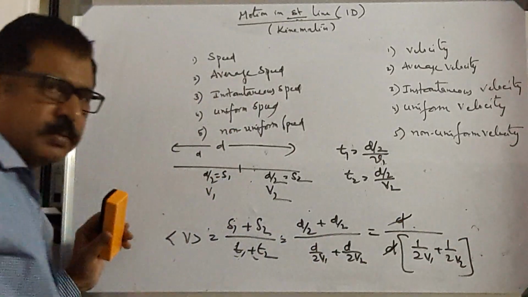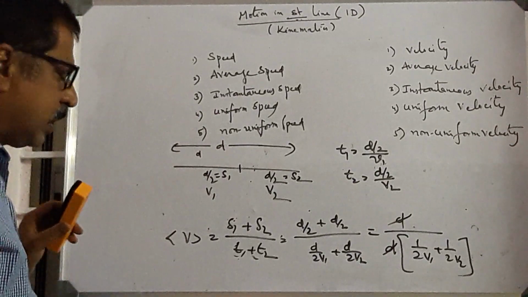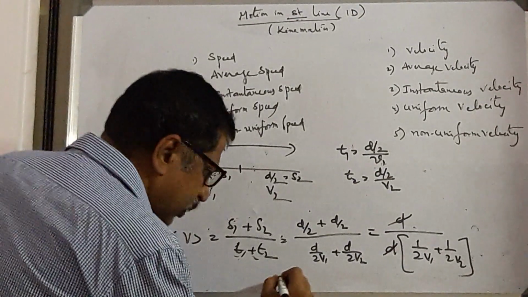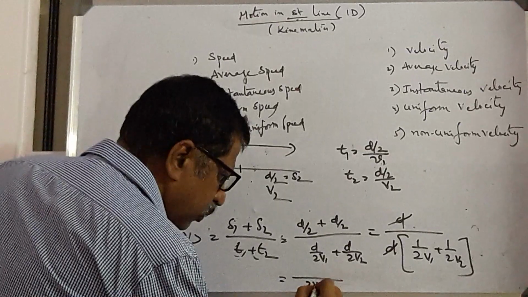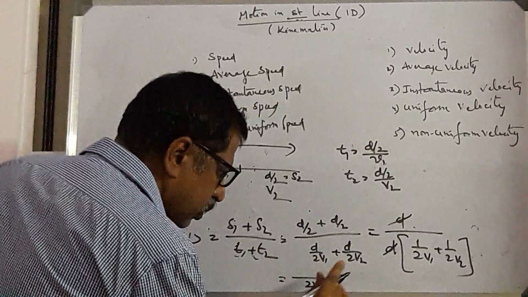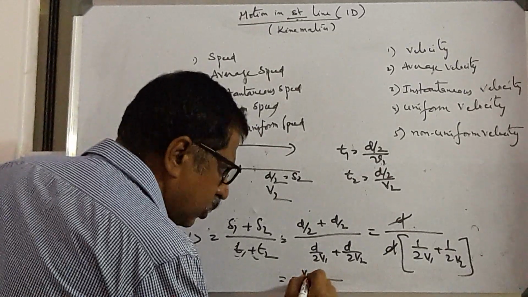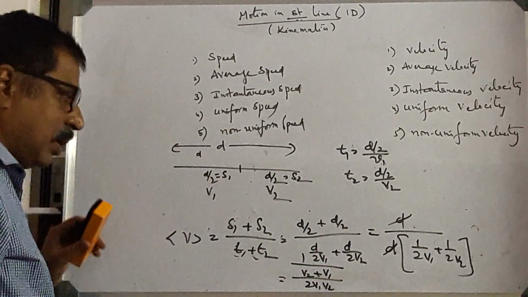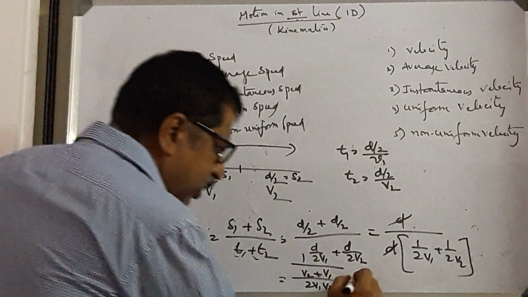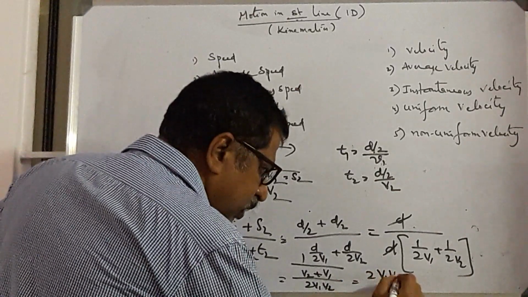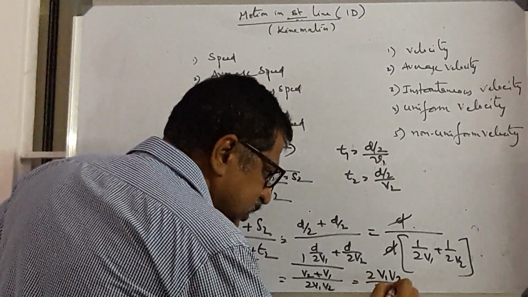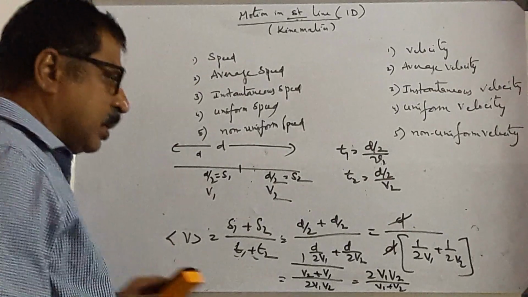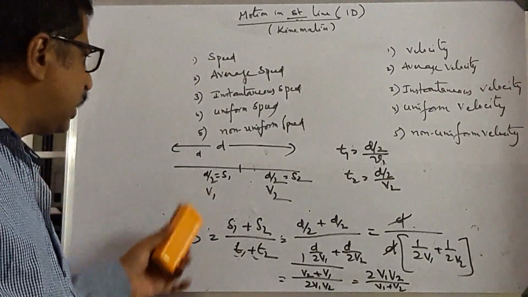The d cancels. After taking the LCM we get 2v1 v2 over v2 plus v1 in the denominator. Here it becomes 2v1 v2 by (v1 plus v2). This is the average speed of the body.